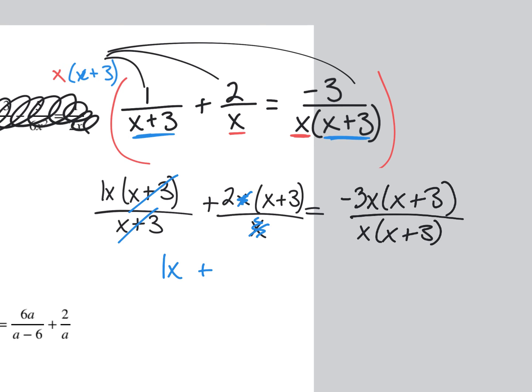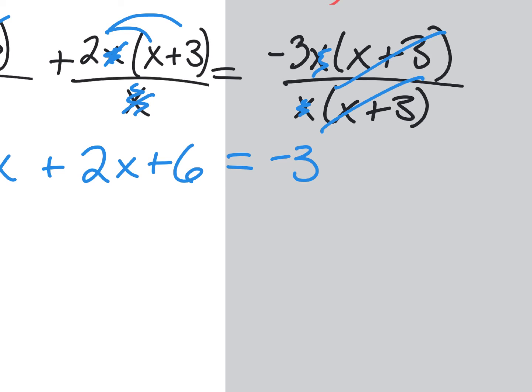So it's 2 times x plus 3. Can that distribute? Yeah. So it would become perfect. And then the last term. Yep, cancel out the x and the x plus 3. So I'm just left with negative 3, yep.